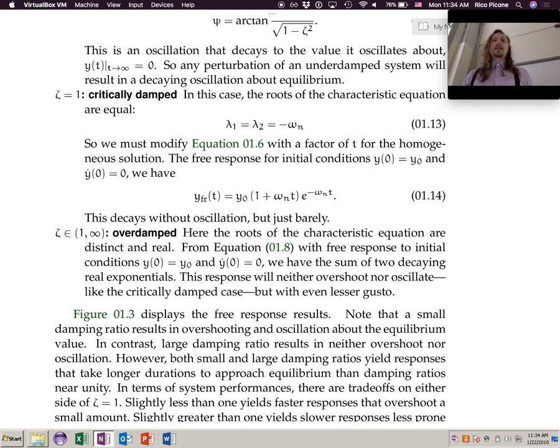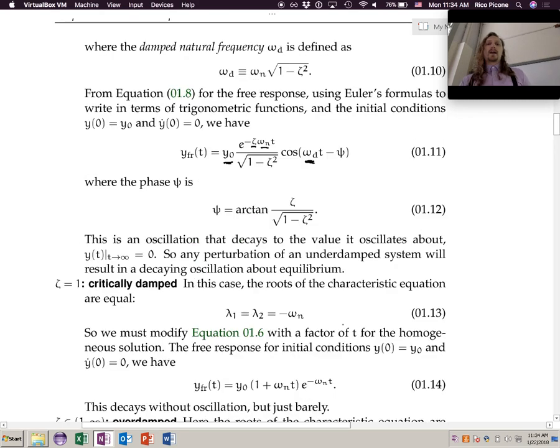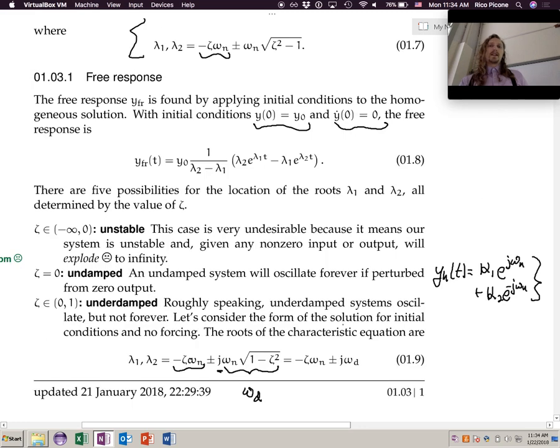Here the roots of the characteristic equation are distinct and real instead of complex. From equation 1.8, with free response to initial conditions y naught and 0, we have the sum of two decaying real exponentials. If we go back up to 1.8, our lambda 1 and lambda 2 are just real numbers, and they're going to be negative real numbers.